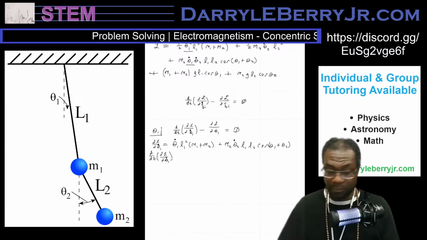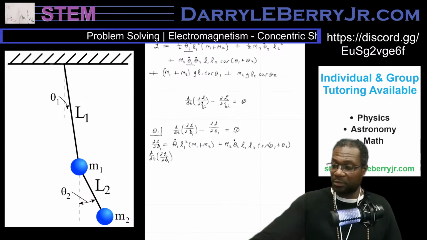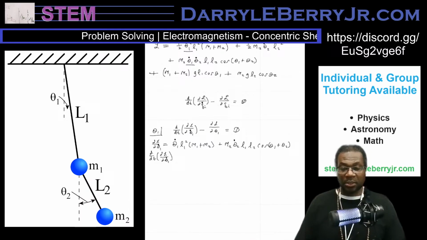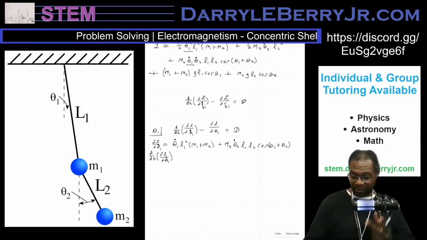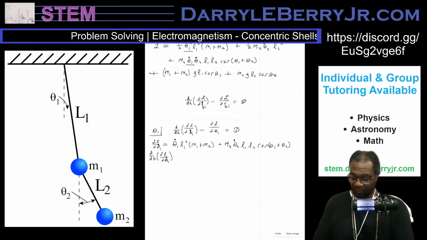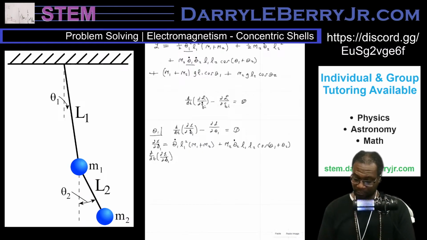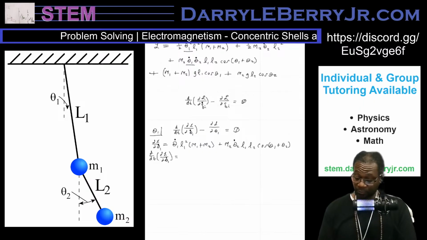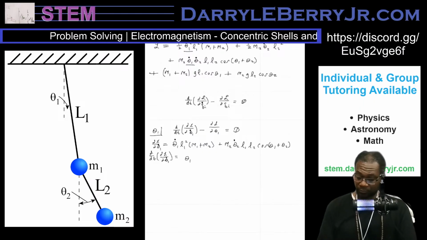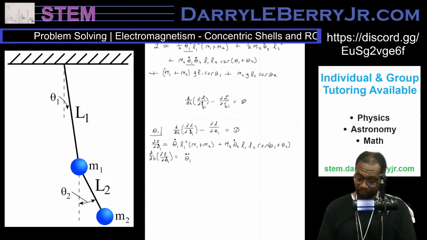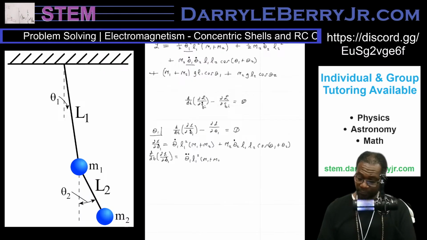So we have, and let me take my plug out so I can get some better space. We have, so this is going to be a chain rule. We have theta 1 double dot L1 squared (m1 plus m2).